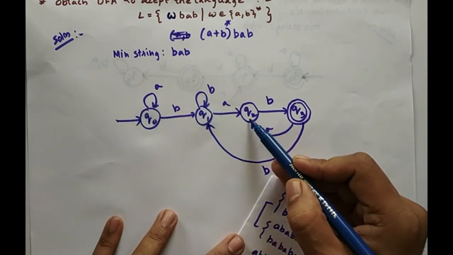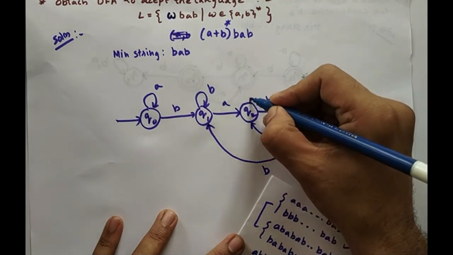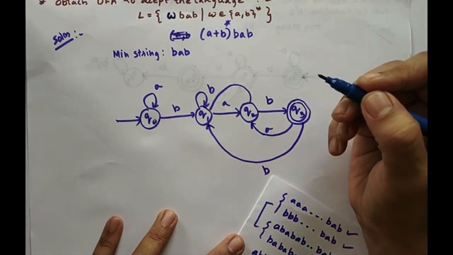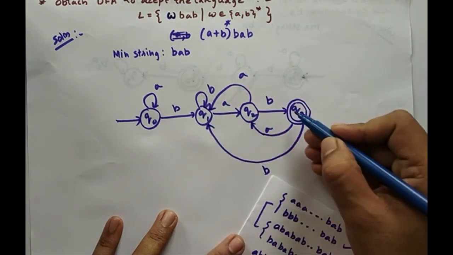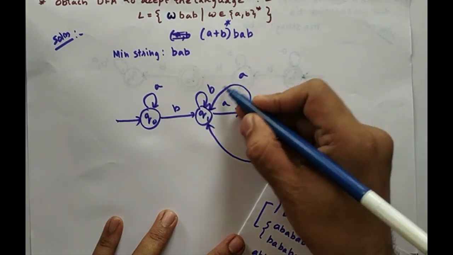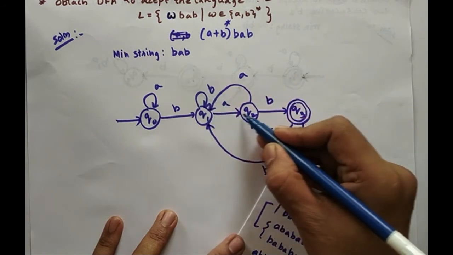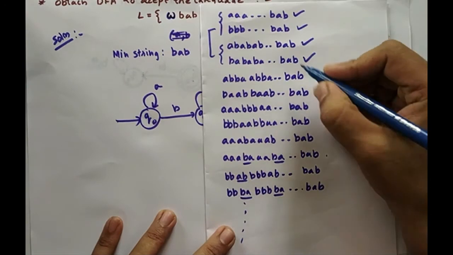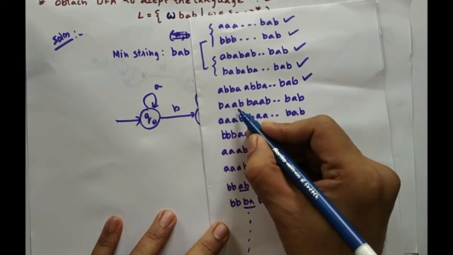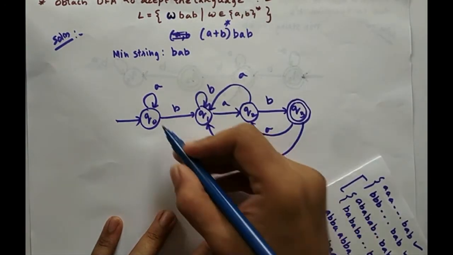Okay, so then you can link this and this with A. So it will be A, B, B, A. Again A, B, B, A. Then B, A, B. Accepted. Then BAB, BAB ending with BAB.